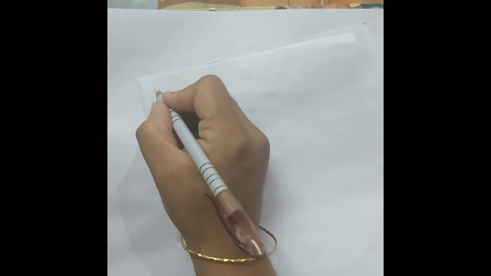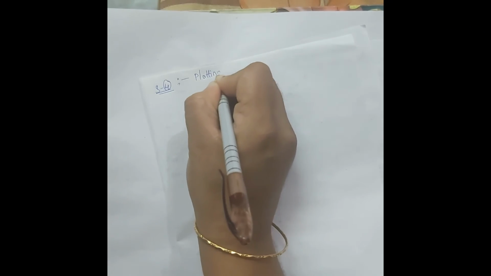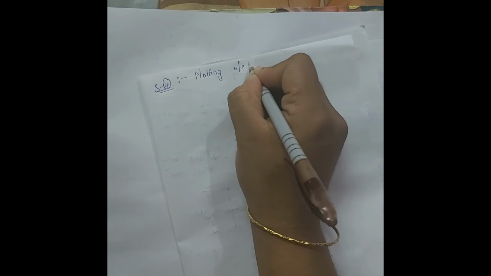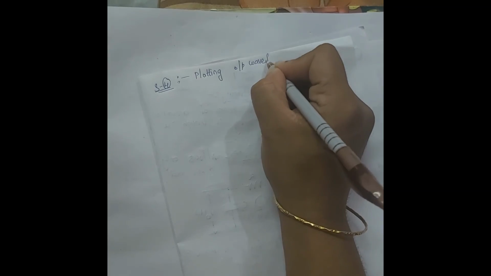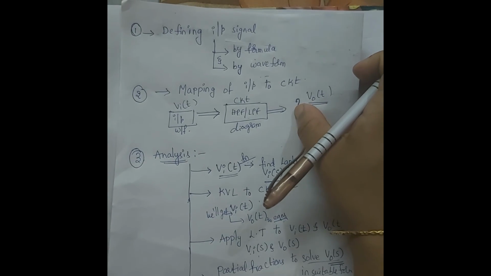Now, step 4, plotting the output waveform. Likewise, in step 2 we didn't know V naught of t, and now we know V naught of t.